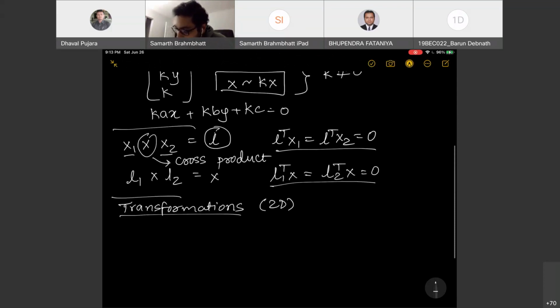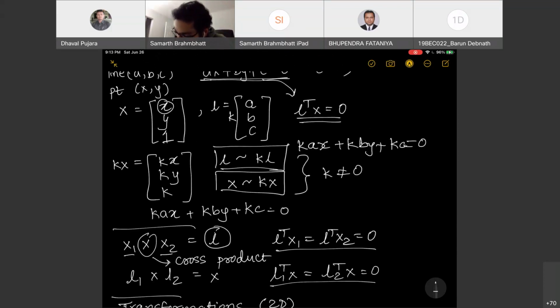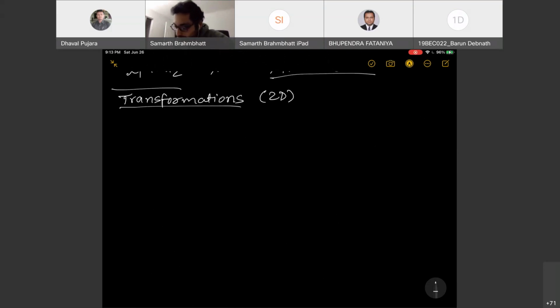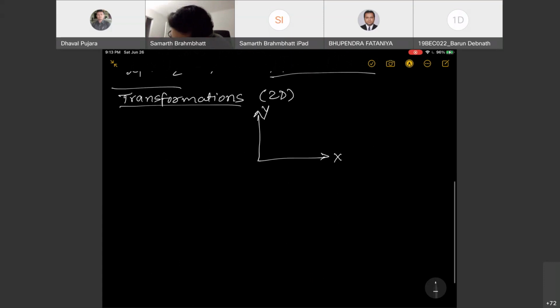Even though we added a third dimension and put a 1 there, the point is in 2D and the line is also in 2D. A point is defined with respect to a coordinate system, so we have our x-axis, y-axis, and our point x comma y.